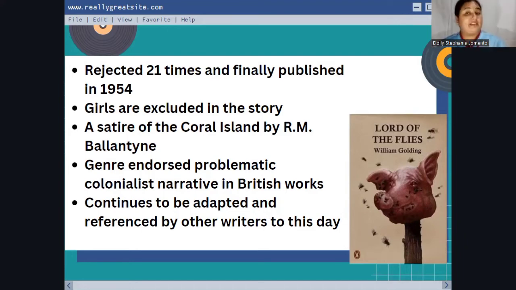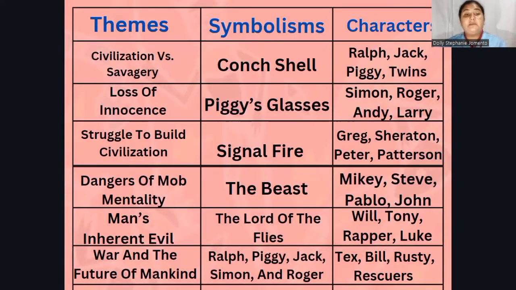So his writing frequently raised questions about morality and human nature, of which he had a decidedly cynical view. The themes under this novel is civilization versus savagery.